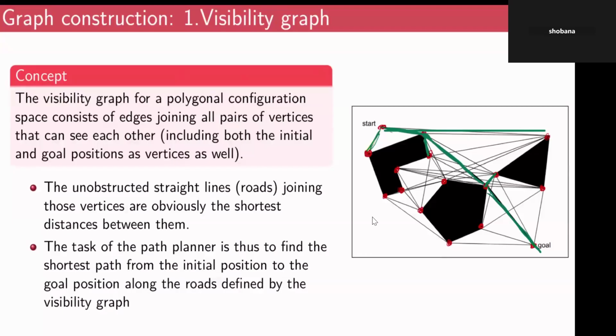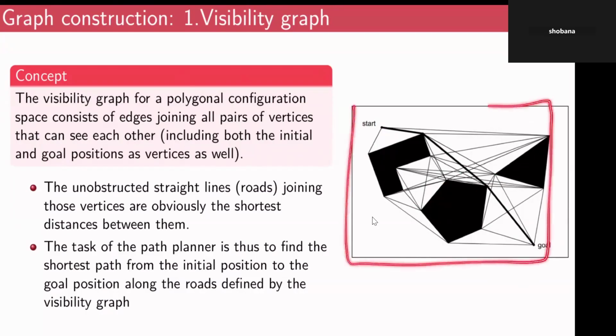So all connections where two nodes can see each other, you connect those two nodes, all possible combinations, right? And at the end, you will end up with a network, like a roadmap, that has been depicted in this figure. A multiple crisscross. We call them roadmaps.